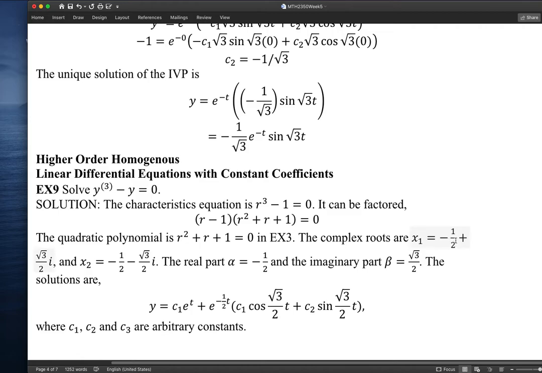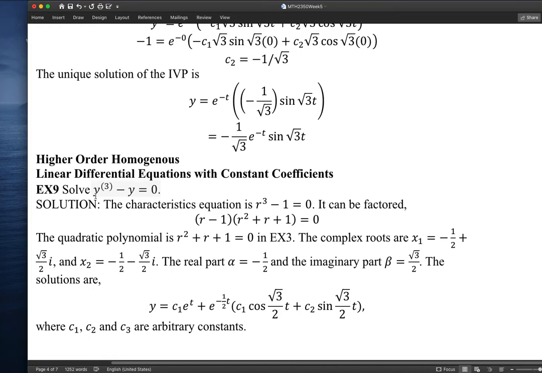And for those 2 complex roots, the real part is negative 1/2, and the imaginary part is square root 3/2. So accordingly, if you remember what we learned in the discussion of matrices and vector spaces, the solutions of such a third order differential equation form a vector space of dimension 3. So we expect all the solutions can be written as a linear combination of 3 functions.